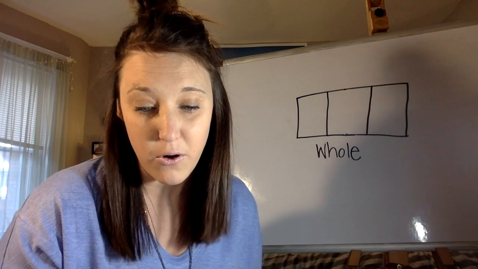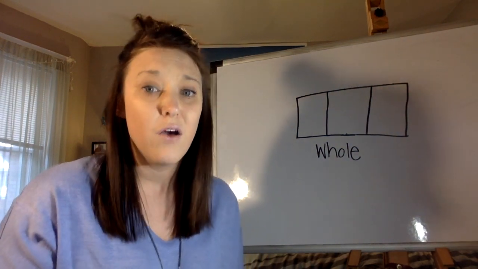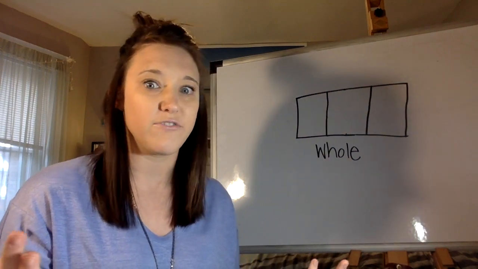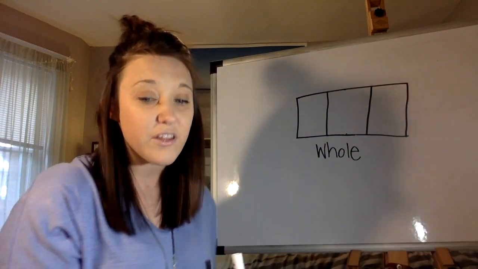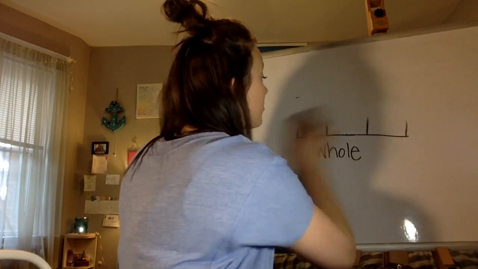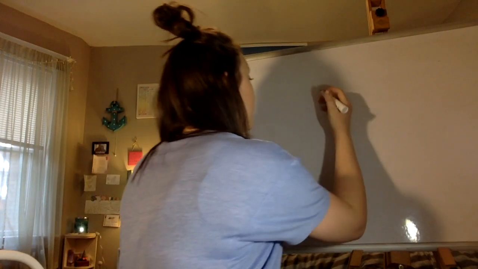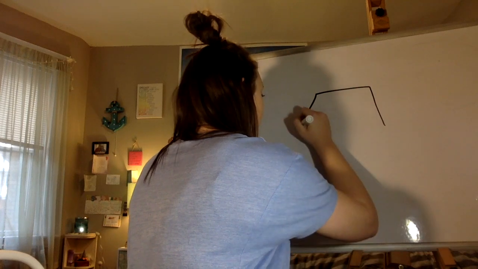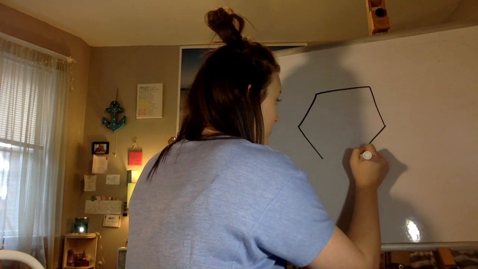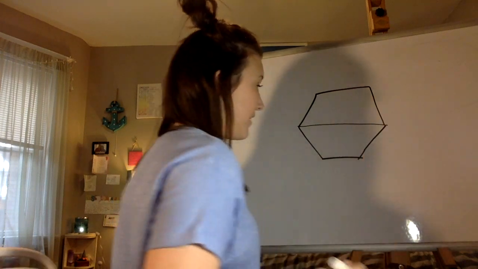So looking at the example, it says, tell whether the shape shows equal parts or unequal parts. Well, up until now, you might be thinking, I thought fractions were only equal parts. I'm really confused. So we're going to do both of these together. The very first example it gives you is a hexagon. Let me draw the hexagon the best that I can. Remember, a hexagon has 6 sides. And it's split like that.